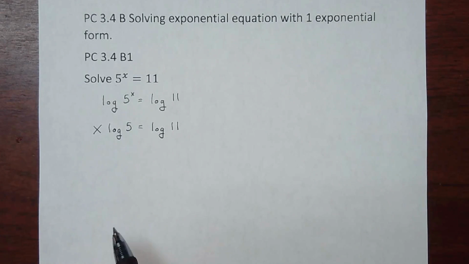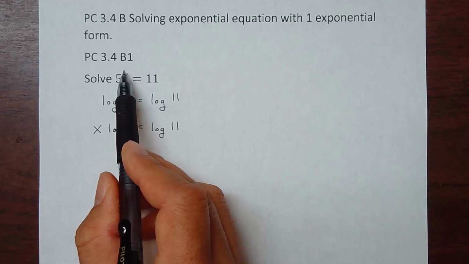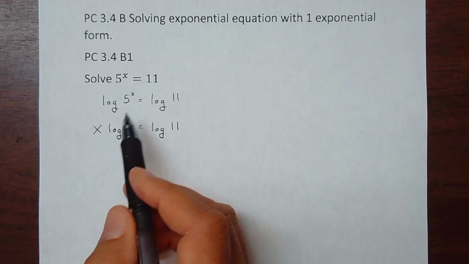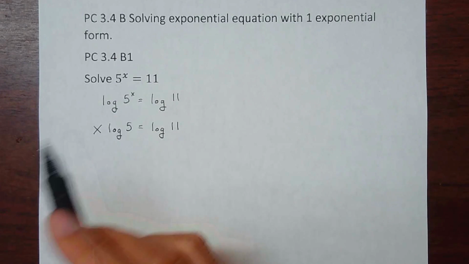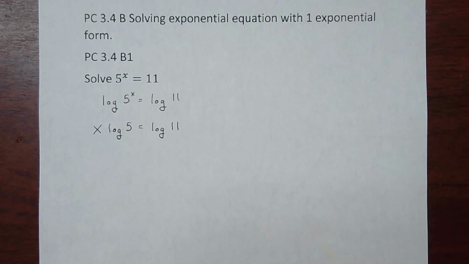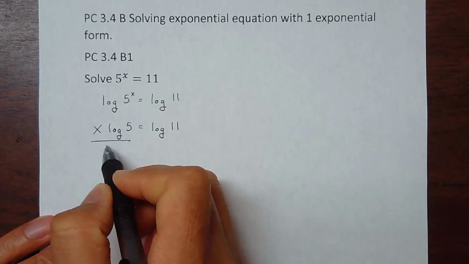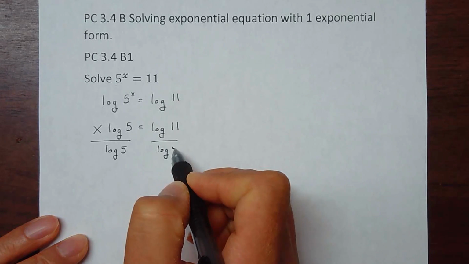So the point here is x used to be in the exponent. Now x is not in the exponent anymore. That was the whole point of taking log on both sides. All you have to do is solve for x here. So divide by log 5, divide by log 5.